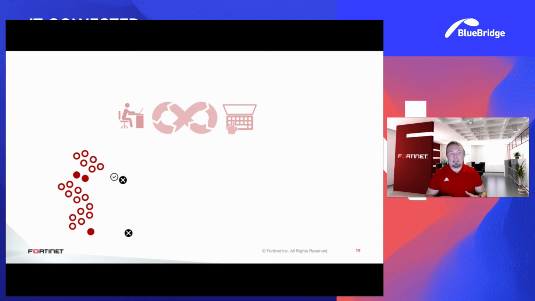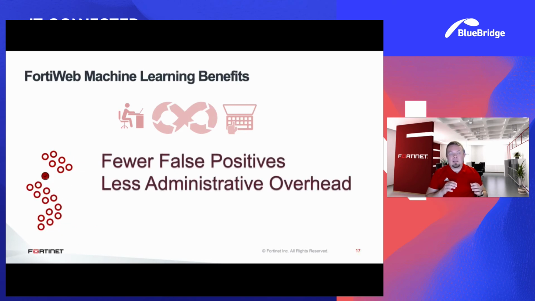What this leads to is very few false positives and very, very few false negatives. So there are a lot fewer logs produced by this process that require deeper investigation, and there are very few things you need to do over time to modify the configuration of the web application firewall. This is very powerful.